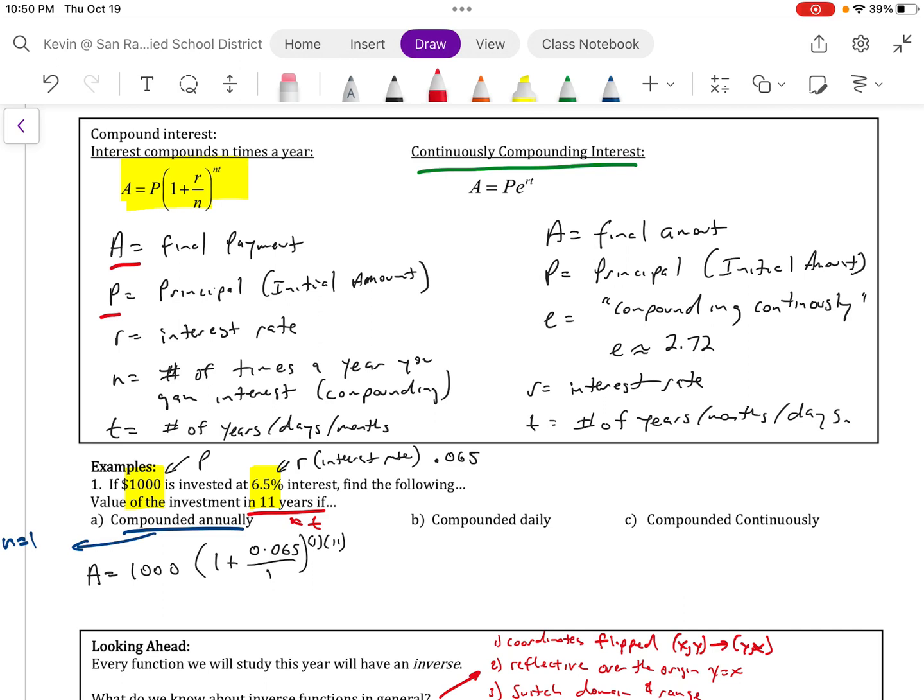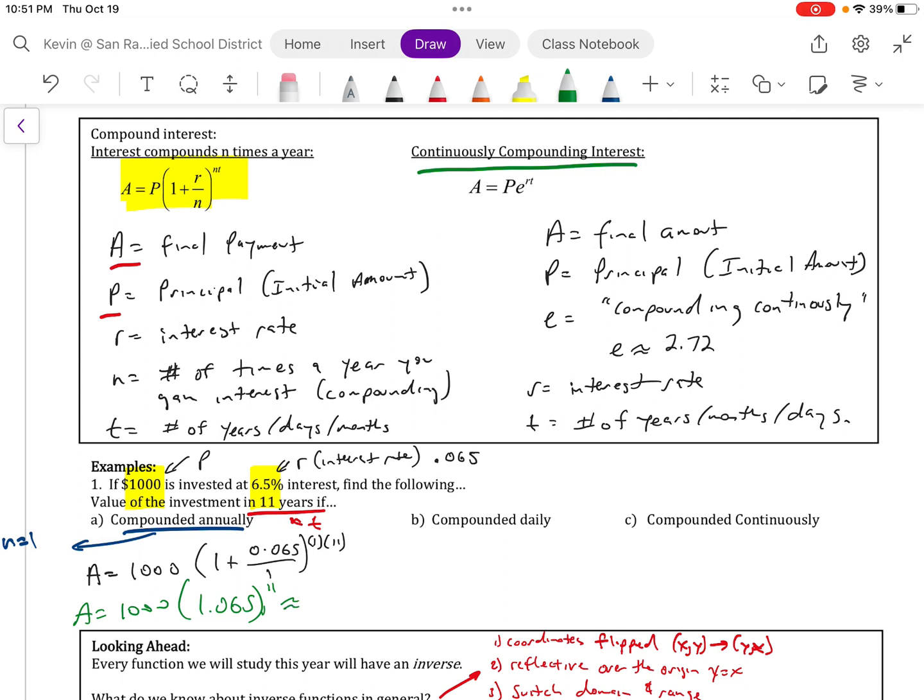All right, so ultimately we have to plug that in our calculator, but A equals 1,000 times 1.065, and 1 times 11 is 11. So our equation reduces down to A equals 1,000 times 1.065 to the 11th power.